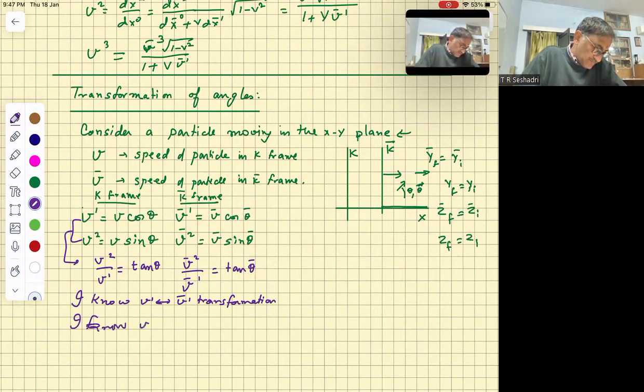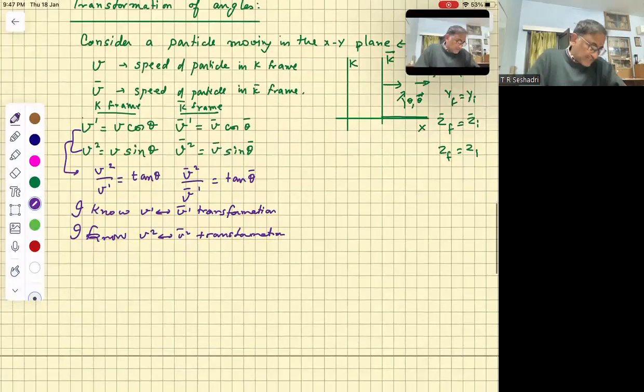I know the v2 bar transformation. And I can use this to get the theta bar transformation. That is going to be the way we do it.